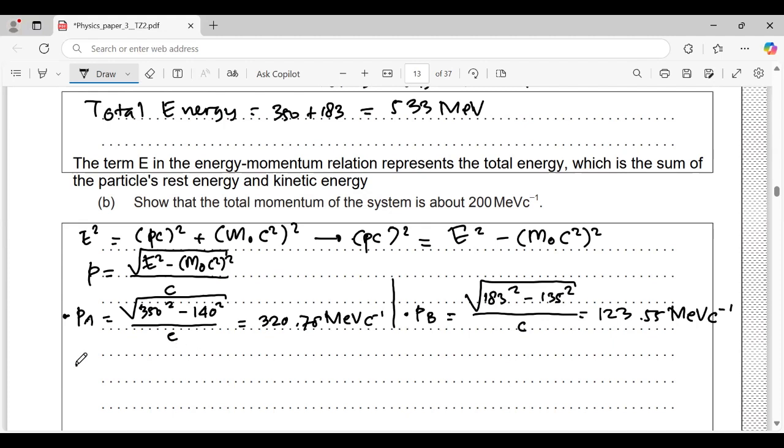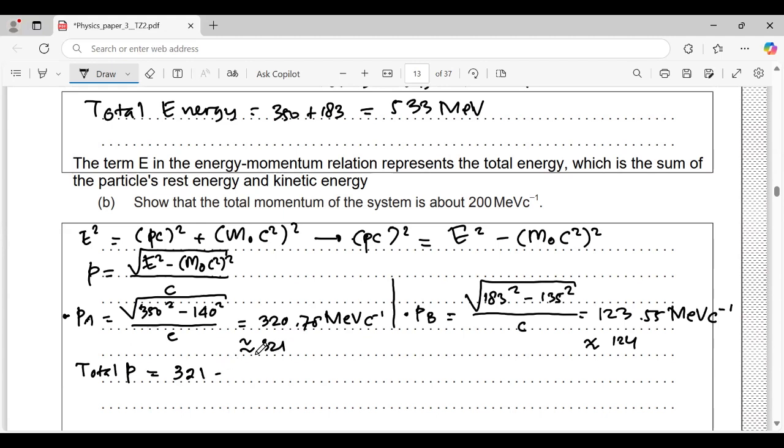So the total momentum, total P, is 320.78, which rounds off to 321, and this one rounds off to 124.